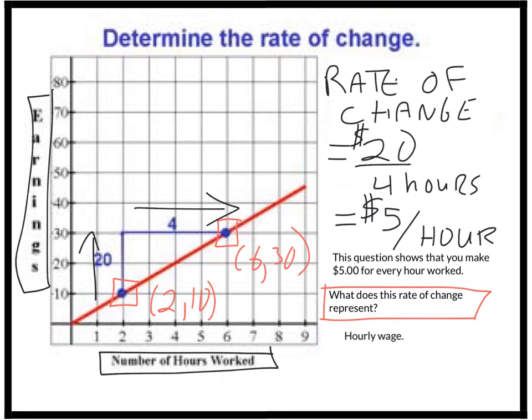Okay, so we've looked at rate of change as a discussion of the rise and the run of a line. We can take that rate of change and apply it to the pitch of a roof, the grade of a road, or the steepness of a ramp. We can also use it to model real-life situations like the amount of money you would make for the hours that you work.